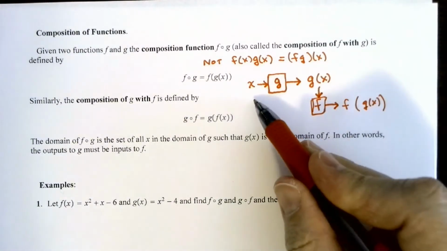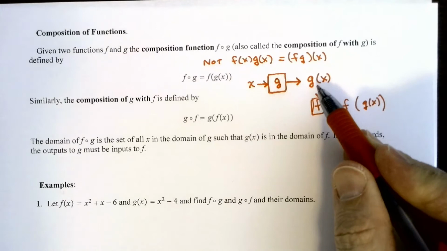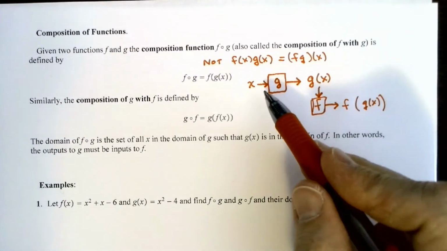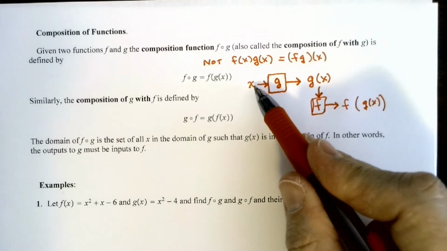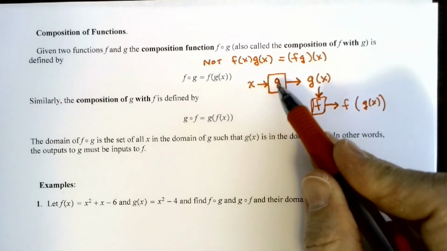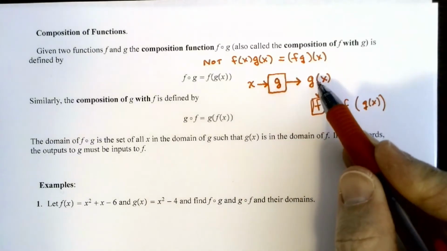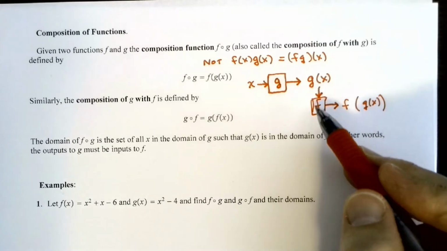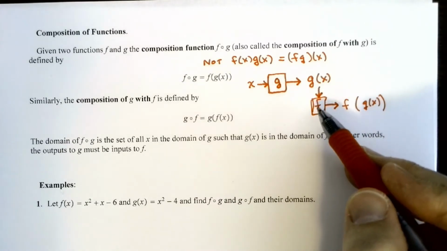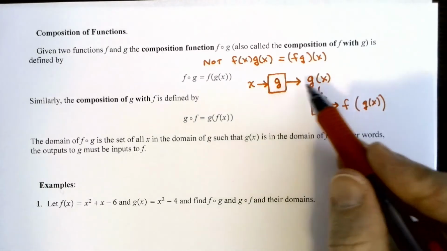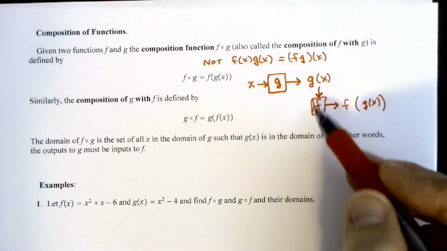So we're taking the output from one function and plugging it in as an input to another function. The function g takes something in, digests it, it comes out, and then whatever comes out, the function f says, I'll take that, and then it operates on that and produces an output. Well, at any rate, that's the interaction between these.